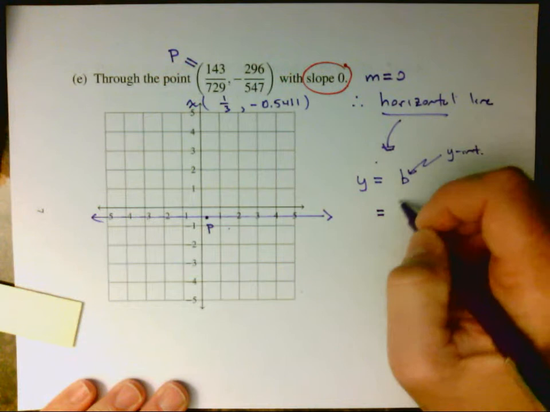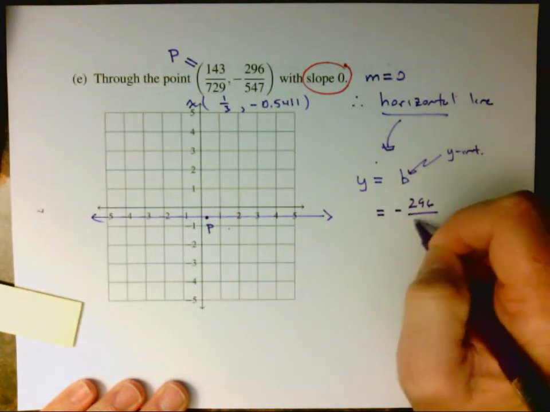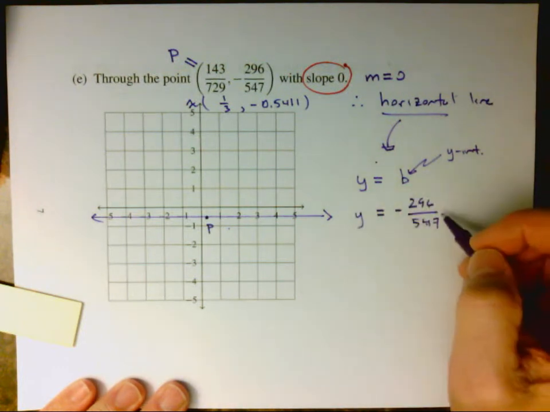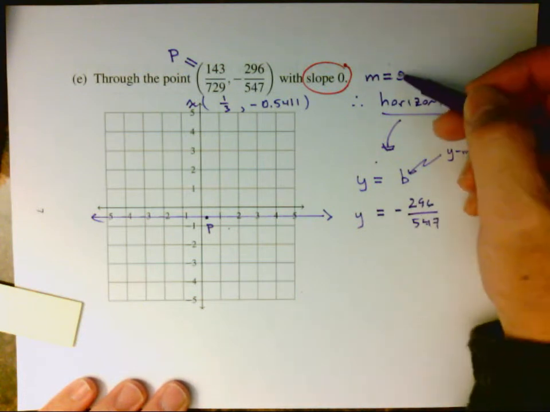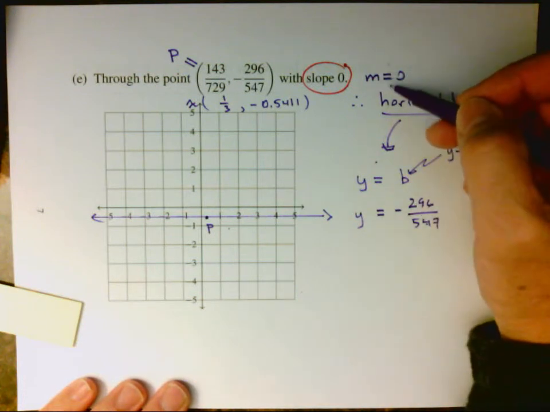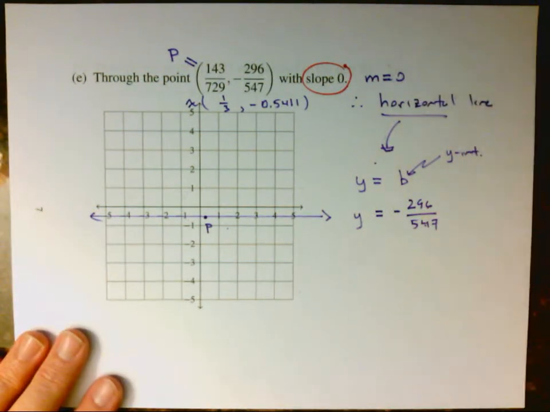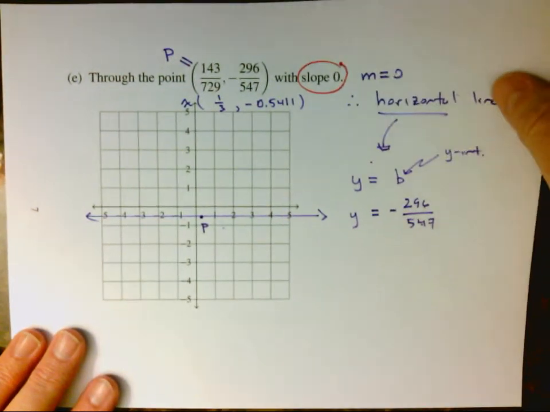So it's going to be negative 296 over 547. This is actually mx plus b form, but since m was 0, mx equals 0 times x, so it disappears. So even though this problem looked incredibly scary, it was actually easier than almost any other problem so far in this section. Always call the problem's bluff.